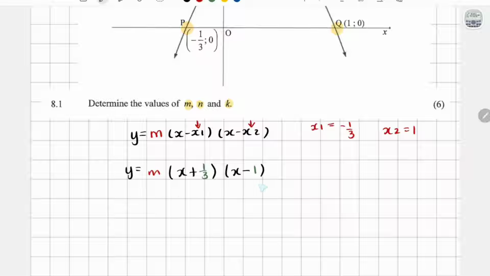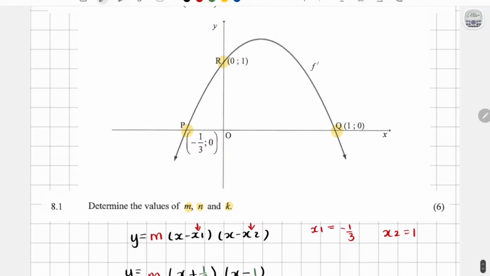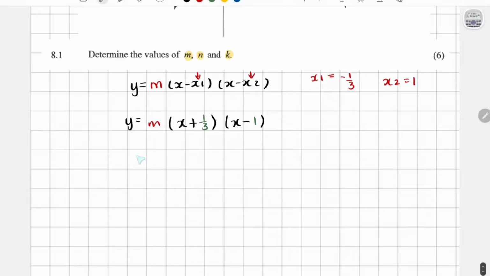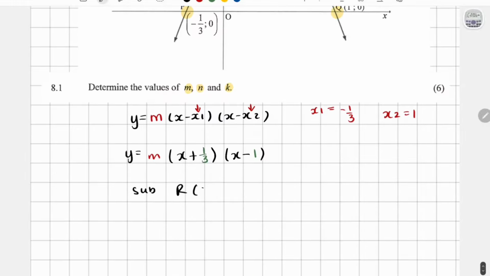And now that we have this, as you can see, the equation is almost complete where you just have y and x's. The only thing that's missing is m. So to find m, you can just take this other point that they gave you and substitute it in. So we can go ahead and substitute R, which was that 0 and 1, in place of x and y.